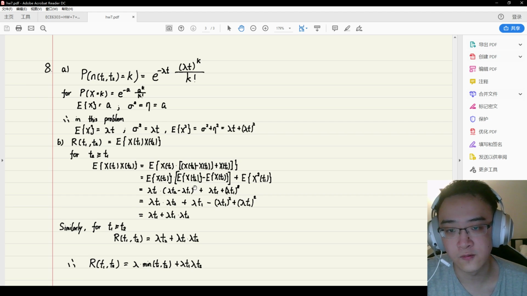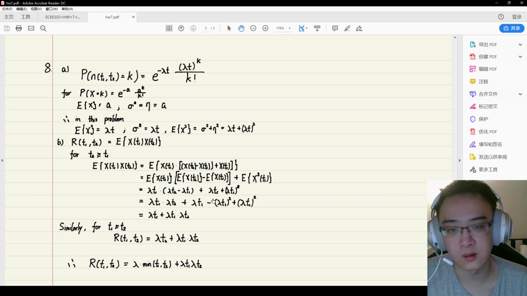Calculating this, it will be lambda t1 times lambda t2 minus lambda t1 squared, which is cancelled by the positive lambda t1 squared.